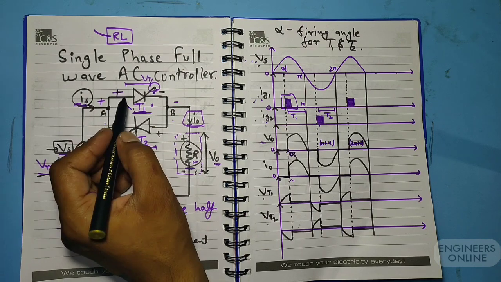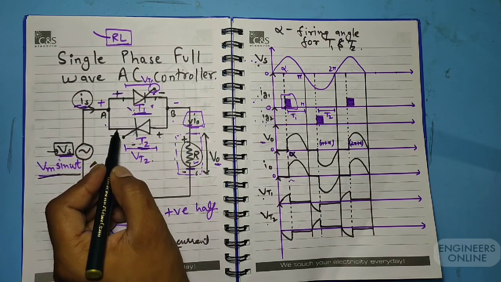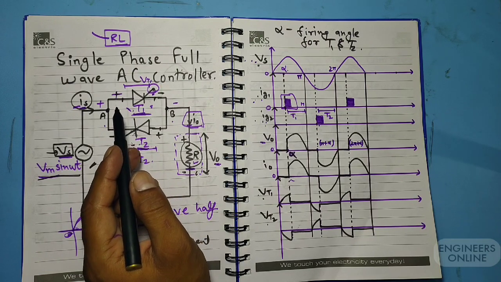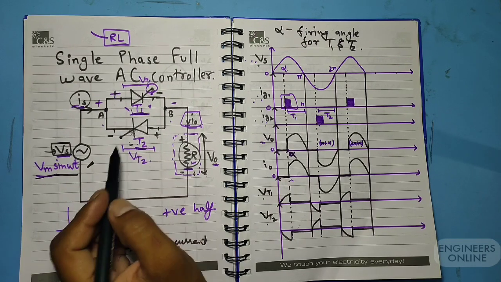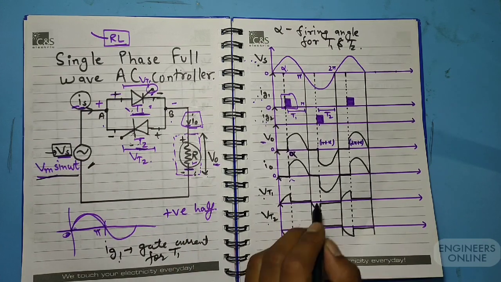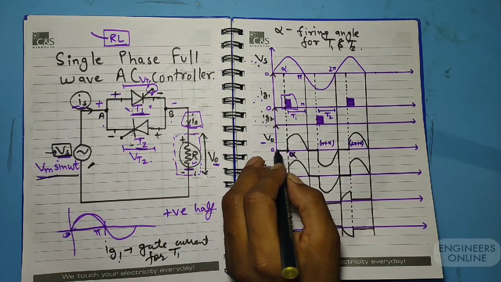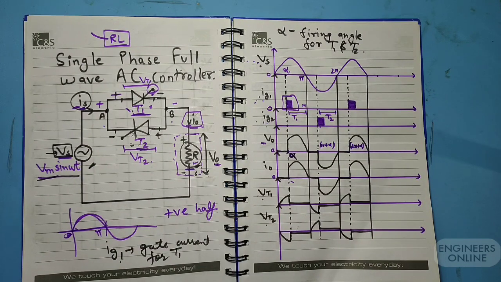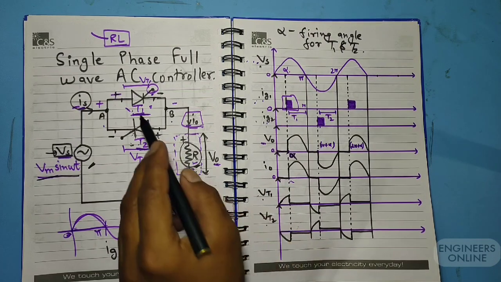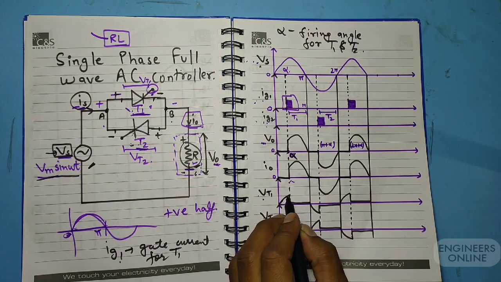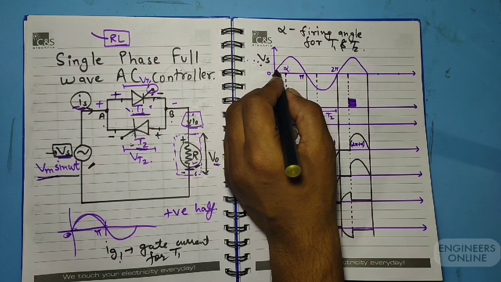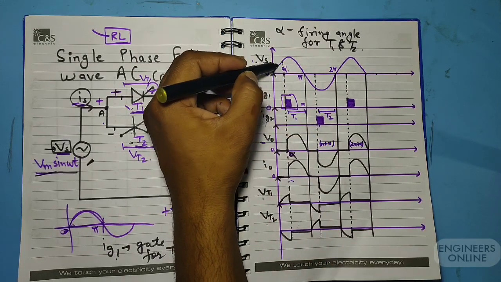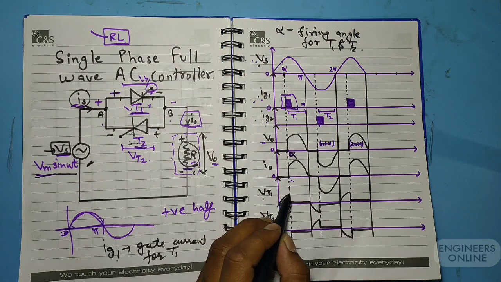So here we can get a potential drop across the thyristors, which is VT1 and VT2. So why is it this shape? From 0 to alpha, the load resistor is not getting any voltage or current, but at T1 there is a potential drop which is increasing with Vs. As you can see, Vs is increasing and VT1 is also increasing.